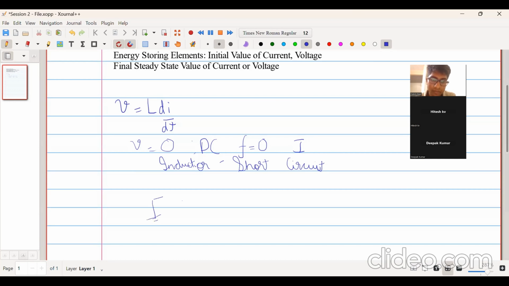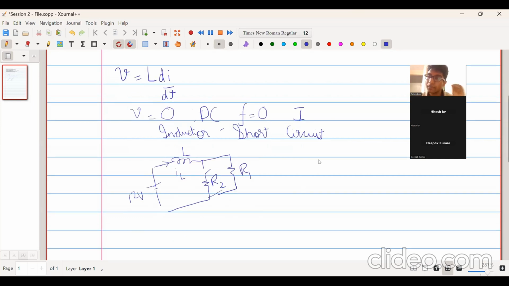This is a battery, 12 volt. There is an inductor over here, a switch, a resistor, and one more resistor. This is R1, this is R2, this is L, and this is IL. So this is the electrical network.